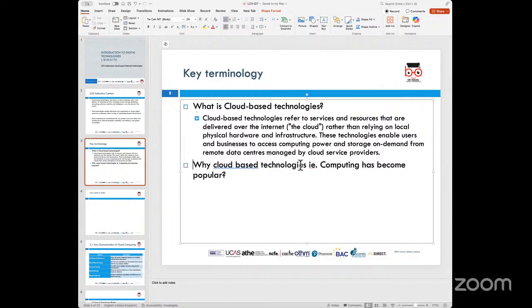When I say services, it means resources and services are utilizable by a number of people together at the same time, then this becomes an on-demand service.